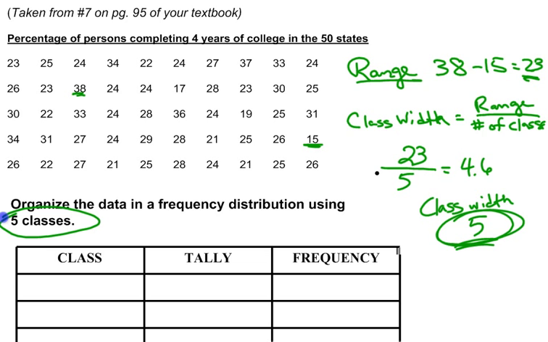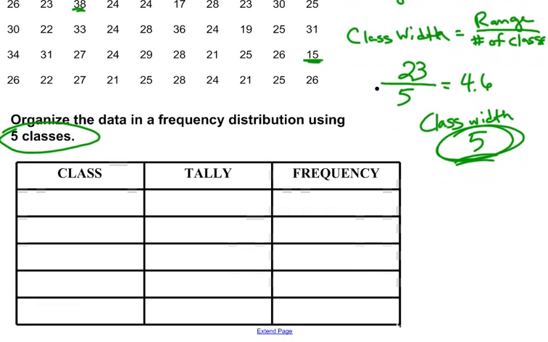In setting up the classes, we'll continue with that information, starting with the lowest value, and the lowest value again was 15. If we count 5 numbers we want to include in this class, 15 being the first, 15, 16, 17, 18, and 19 would include 5 numbers.